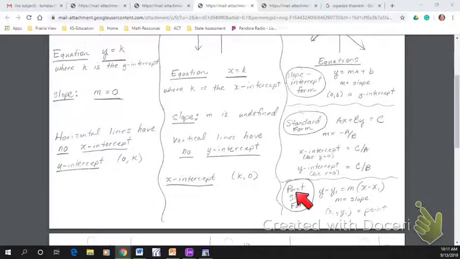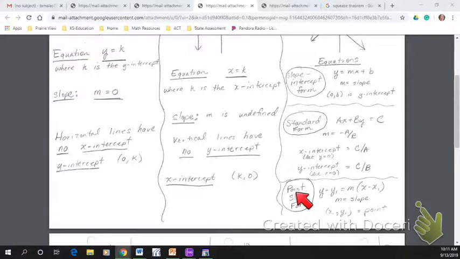So let's see. Then the next one's just a general information sheet. It kind of has the quadrants on there that we did in 3.1. Let me turn that one. Okay, so on this sheet, the other side of that one, you've got your 3.1 stuff. Here's your quadrants. Here's your midpoint formula.